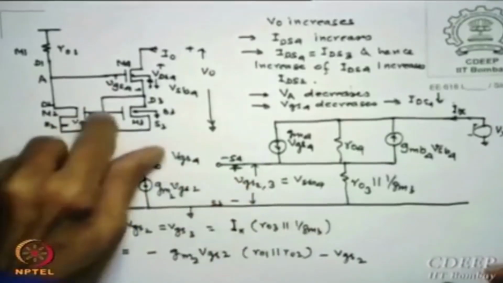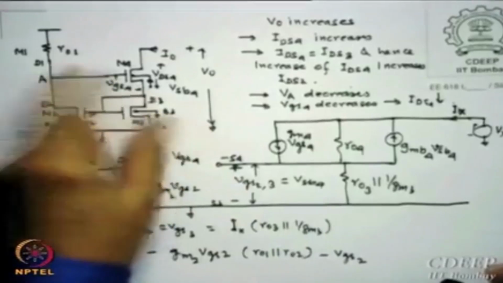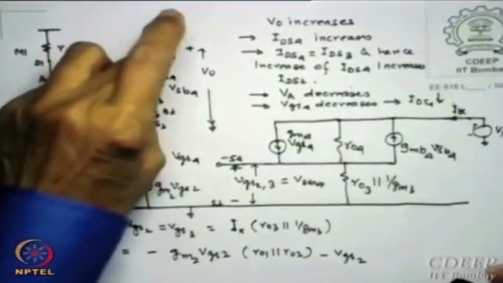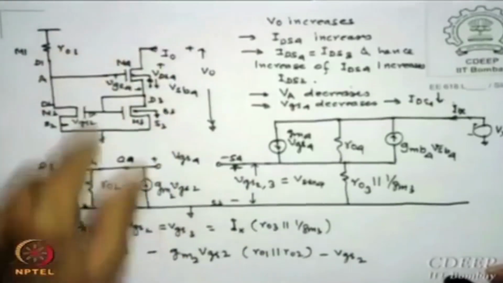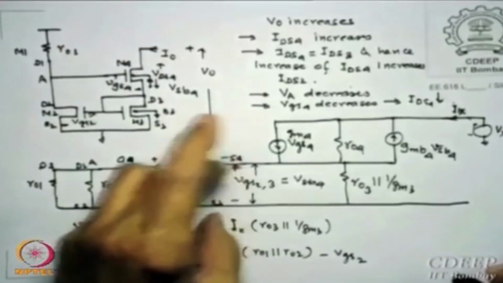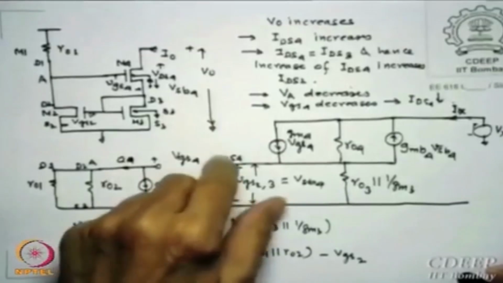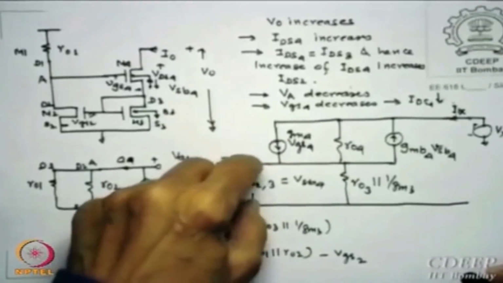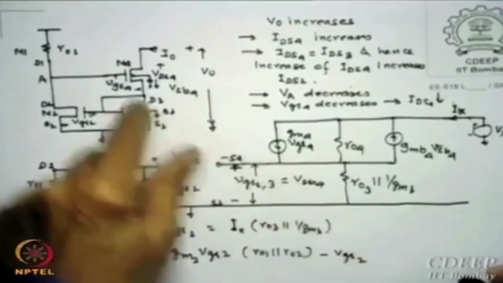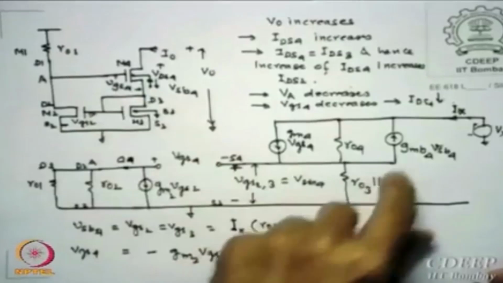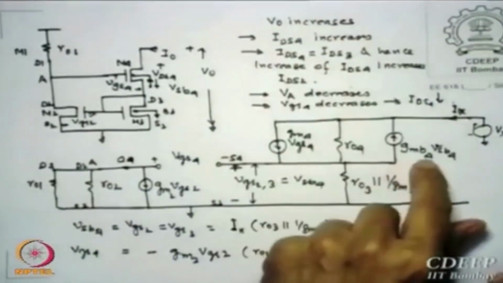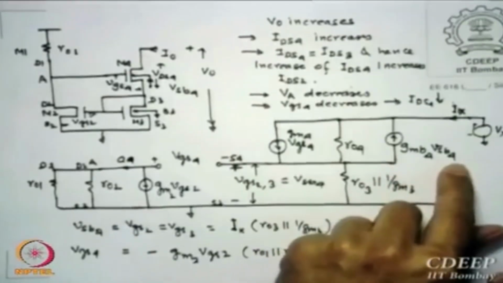VGS1, VGS2, VGS3, because they are connected with this, is same as this potential. So I say VSB4 is nothing but VGS2 or VGS3, is that correct? So this is my S3, this is my S4, this is VGS2 which is equal to VSB4, and since please remember this is VSB, opposite polarity, current pushes up GMB4 VSB4, okay.